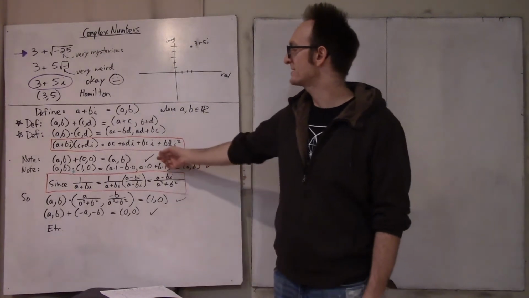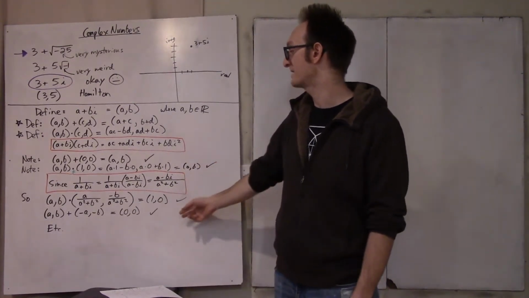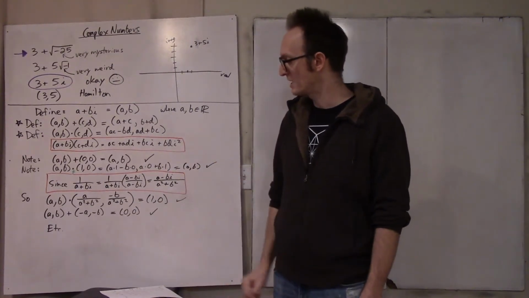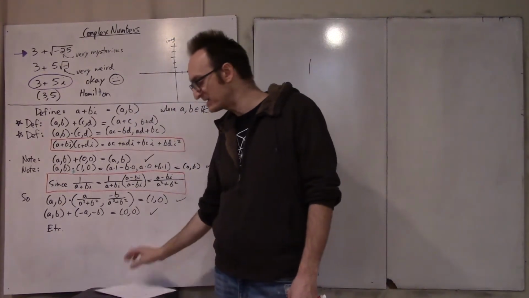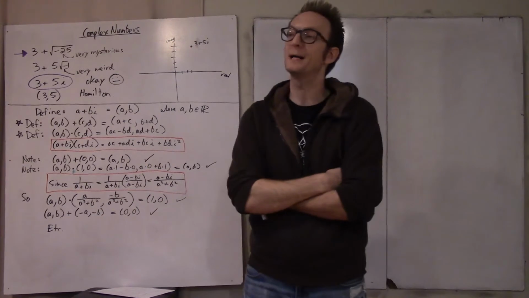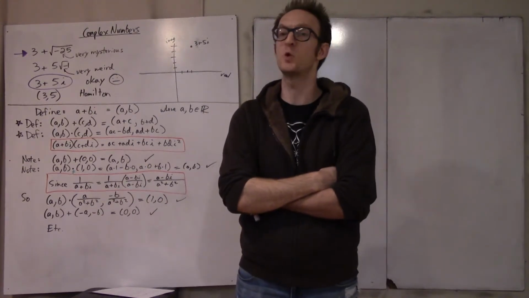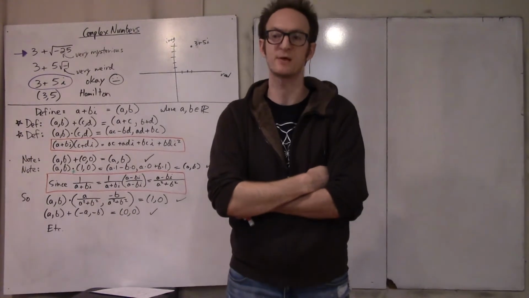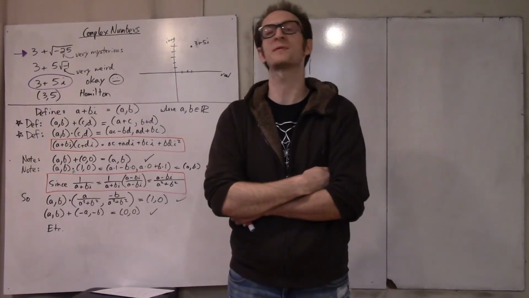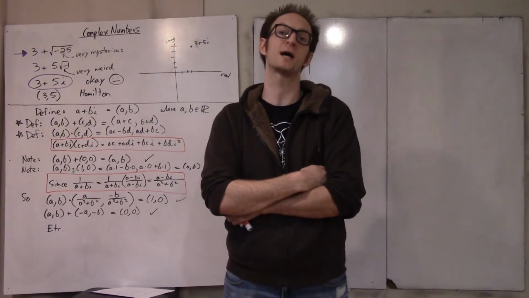There's an additive identity, a multiplicative identity, additive inverses, multiplicative inverses, the distributive property, okay, skip all that. And hey, since the complex numbers do all the same things that the real numbers do, then maybe we shouldn't worry about the complex numbers too much. They're just this new kind of number.